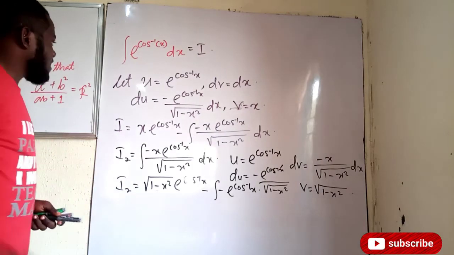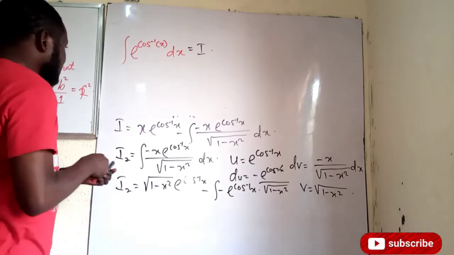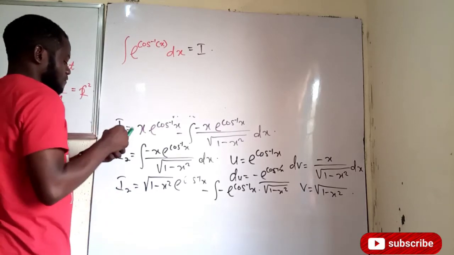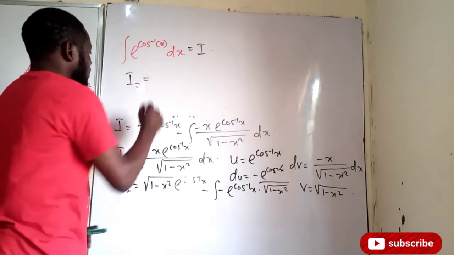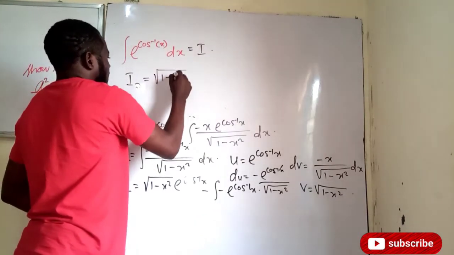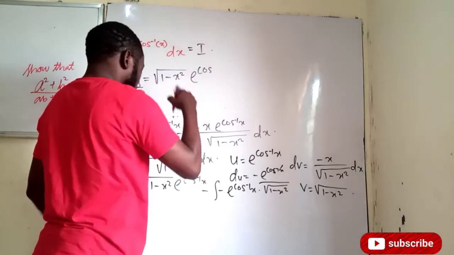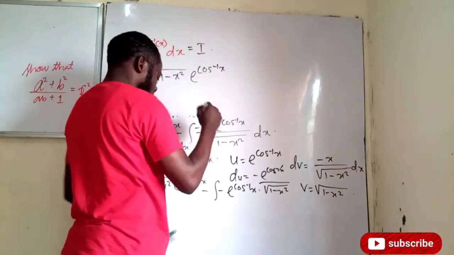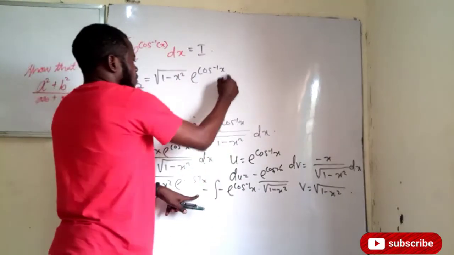Okay, if that should be the case, I can say that I2 equals the square root of 1 minus x squared times e to the power of arc cos of x, minus this minus, if it multiplies this, it becomes plus.